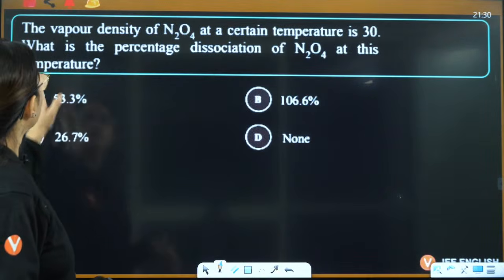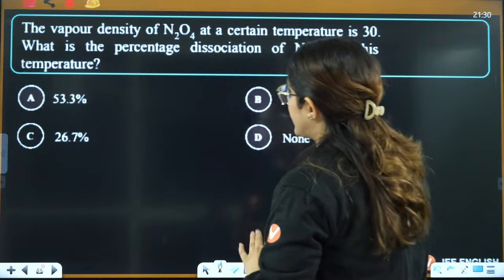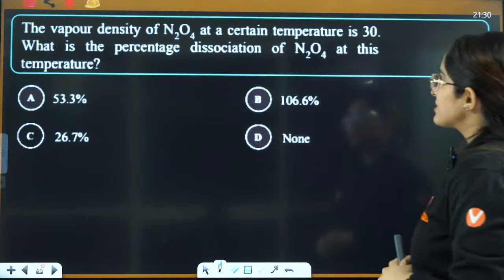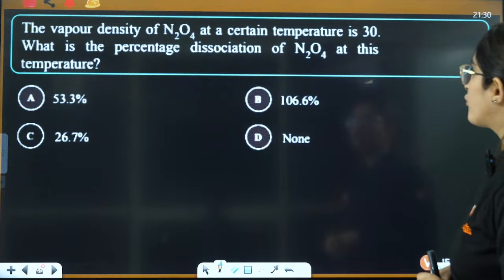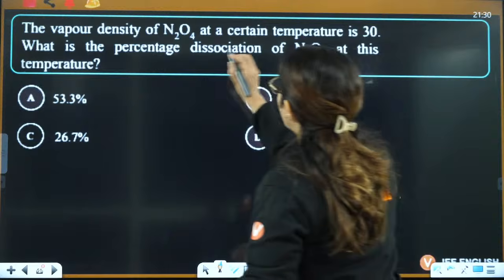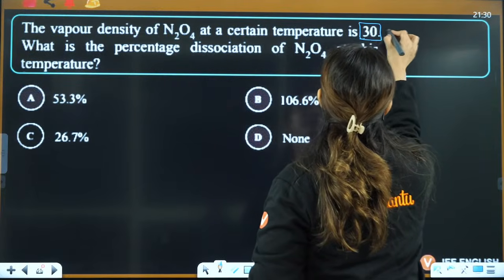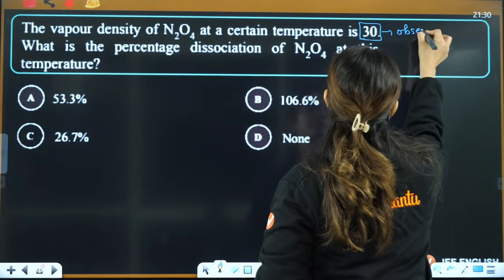Let's see that. The vapor density of N2O4 at a certain temperature is 30. What is the percentage dissociation of N2O4 at this temperature? See, whatever is given is the observed vapor density.